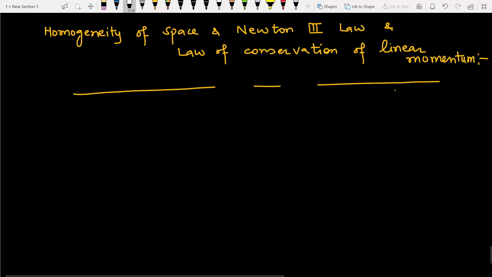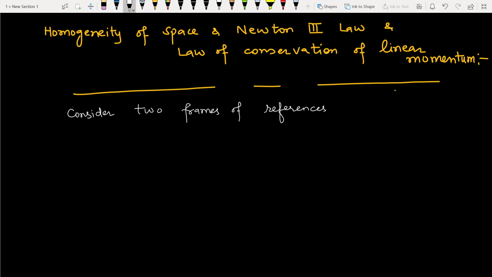So for the proof of this, we consider two frames of reference, S and S dash.